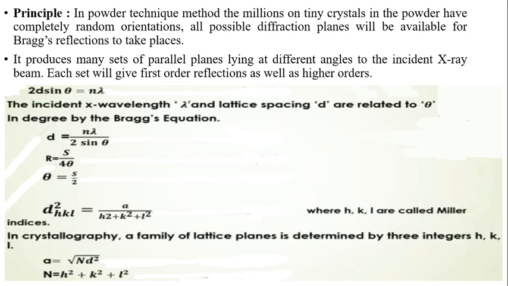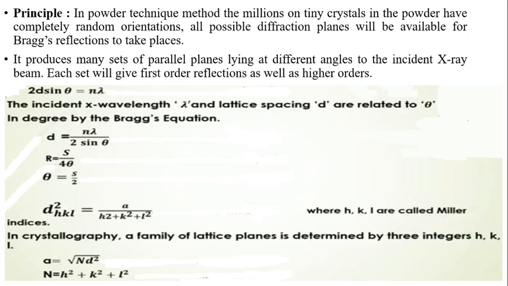Now, monochromatic X-rays of a certain wavelength lambda are incident on the sample, which is crushed to a fine powder and is exposed to X-rays on all crystal planes. The cones of different diffracted X-rays of different orders, say n equal to 1, are recorded on the film.